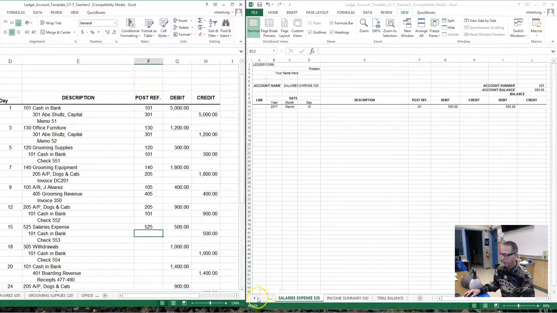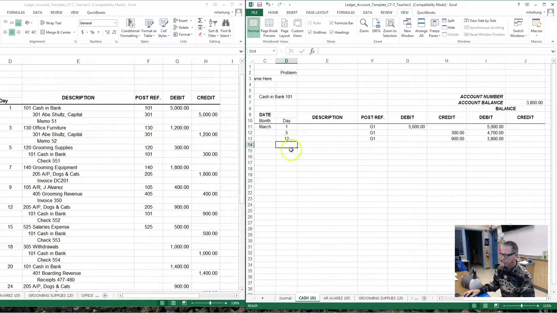Paid with cash. A withdrawal. Increase to a withdrawal is a debit.